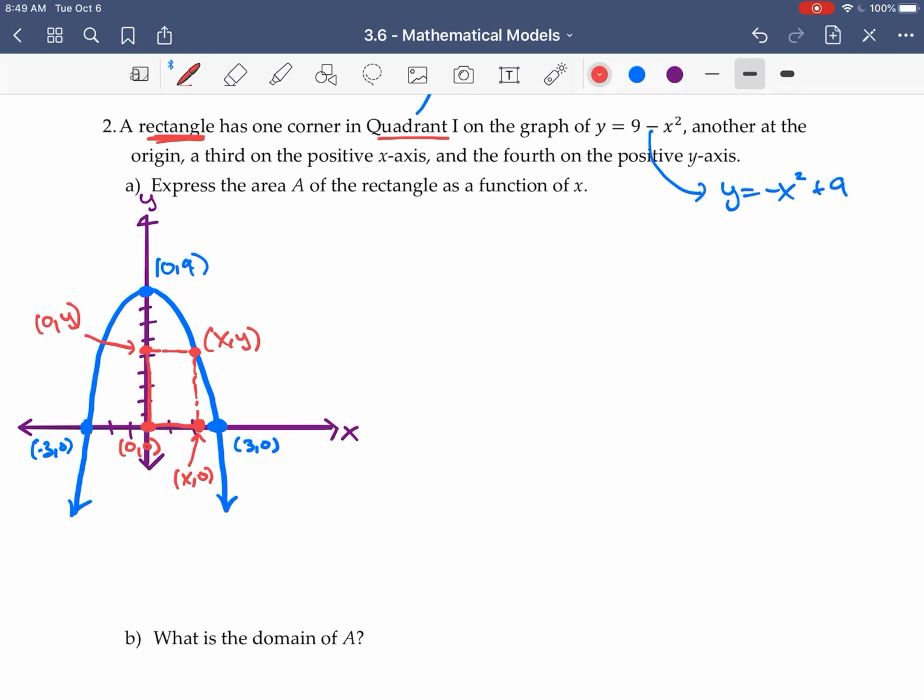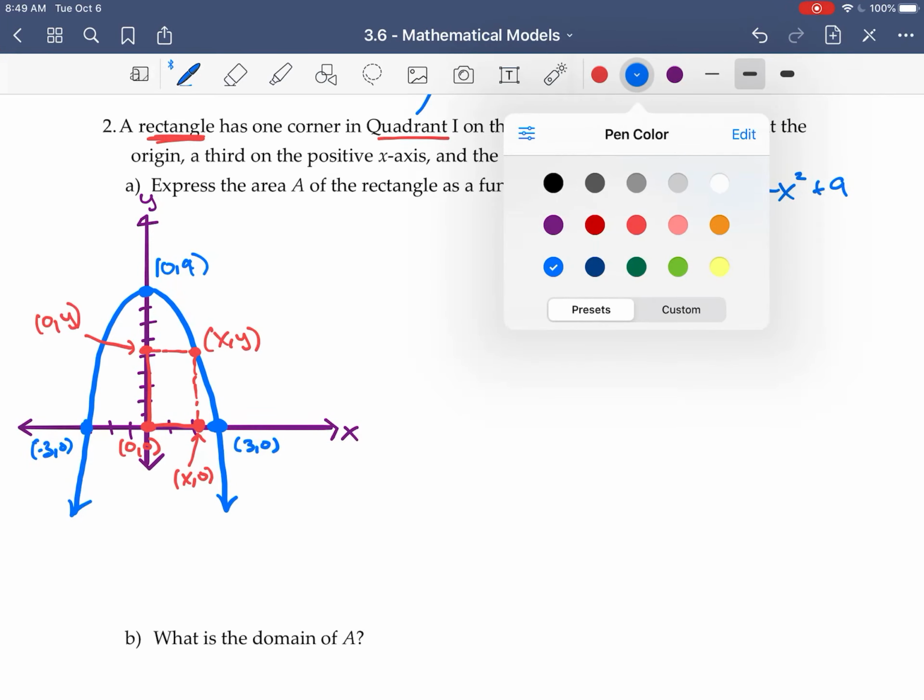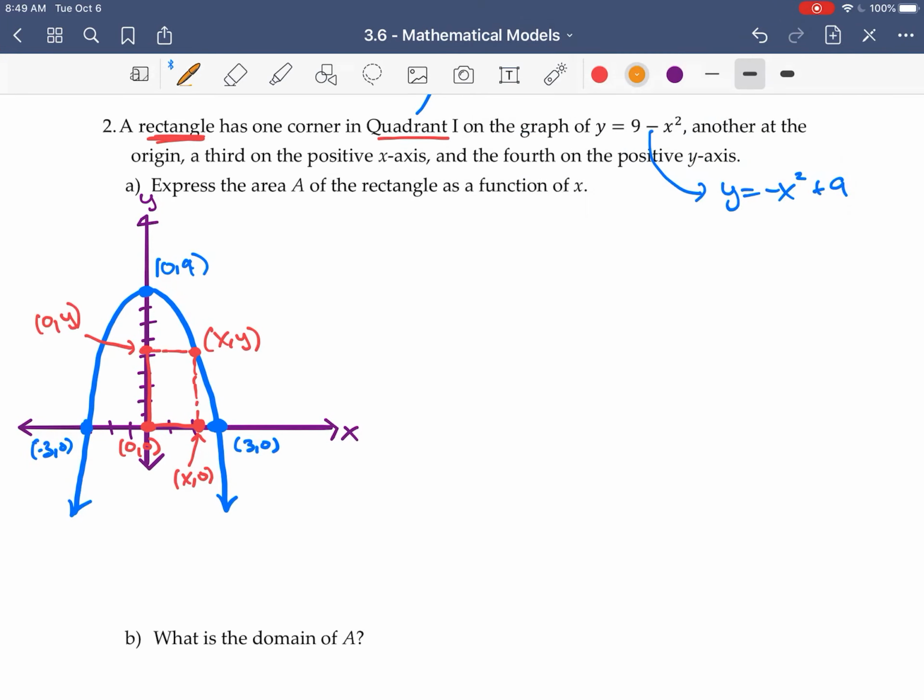Let me just get a different color here. The area for a rectangle is always the length times the width. So we want the length and the width of this rectangle, this length and also that length.